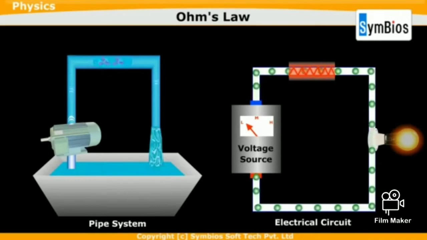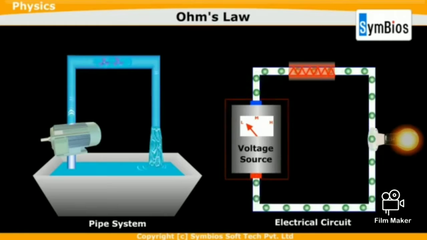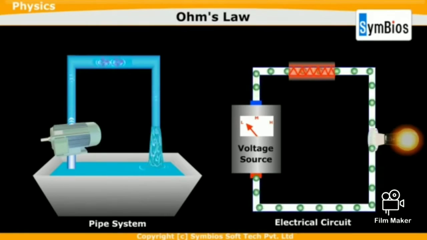In a pipe system, the pump applies pressure that makes the water flow. In the electrical circuit, it is the potential difference or voltage that pushes the charges and makes them flow in a circuit. The turbines in the pipe system resist the water flow, just like the resistor in the circuit.